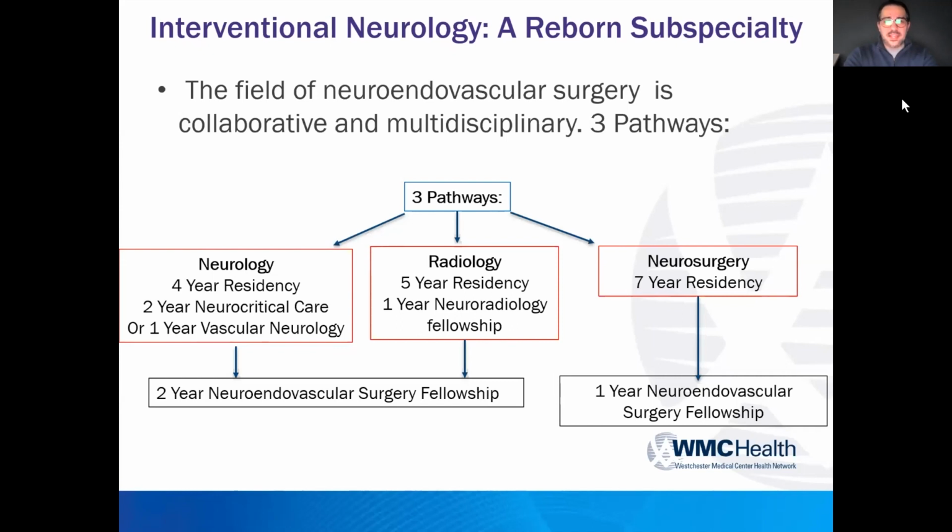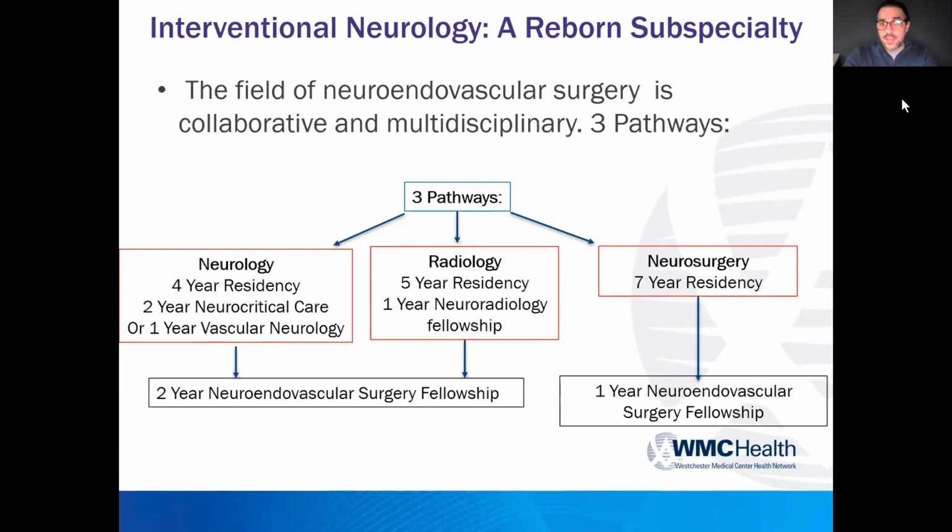This is the path to neuroendovascular surgery today. You can engage in this field through three different paths. Through neurosurgery, it's a 7-year residency with a 1-year enfolded fellowship, followed by a 1-year neuroendovascular surgery fellowship after the residency.